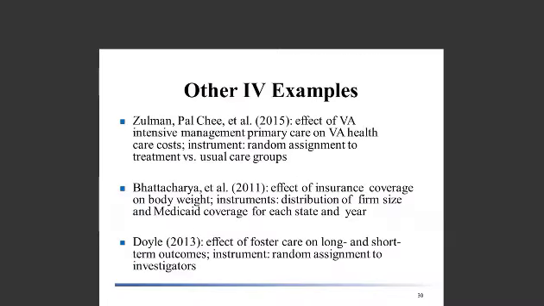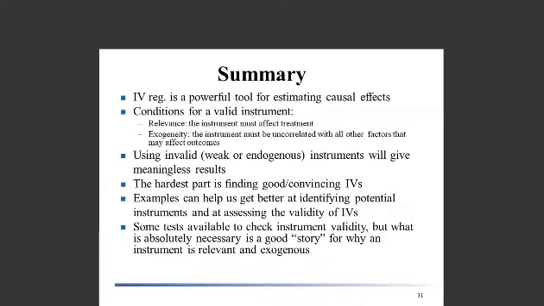Here are some other IV examples, and I encourage you to take a look at these examples and work through them in the way that we just worked through these other examples. So to summarize, IV regression is a powerful tool for estimating causal effects.